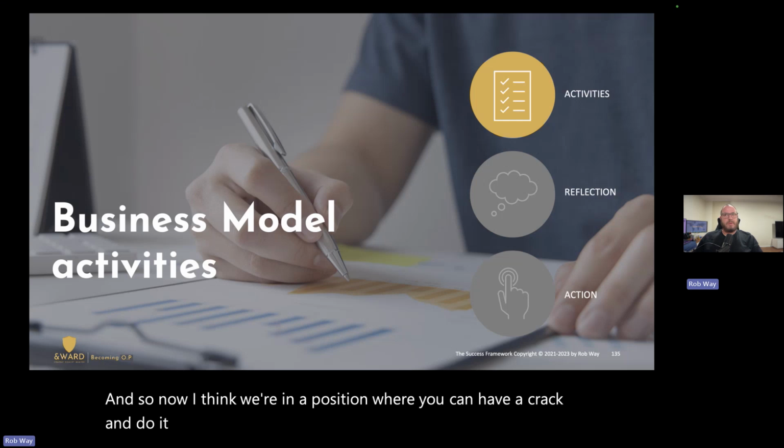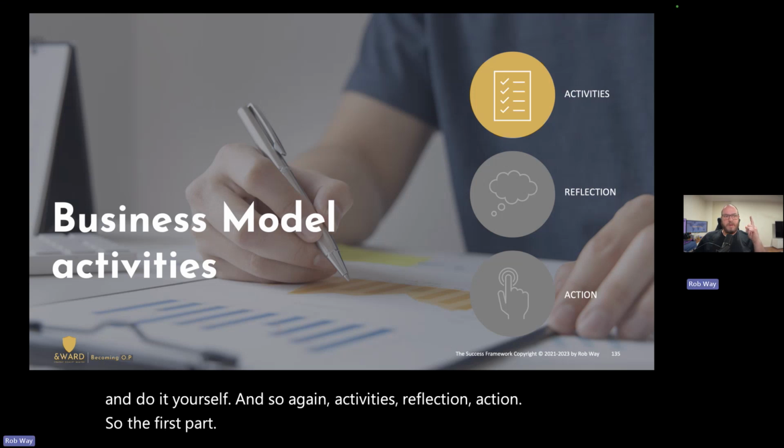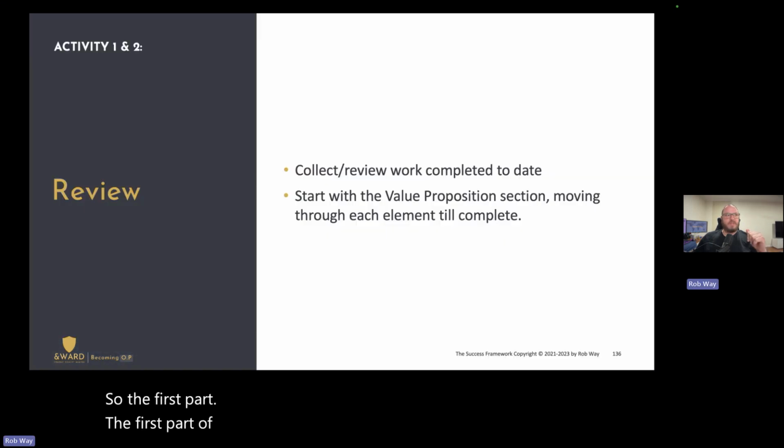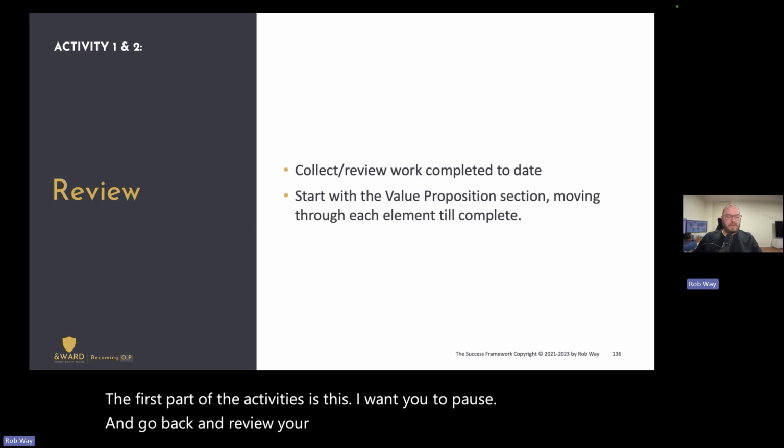And so again, activities, reflection, action. So the first part of the activities is this. I want you to pause and go back and review your brand, values, vision, legacy, and purpose.